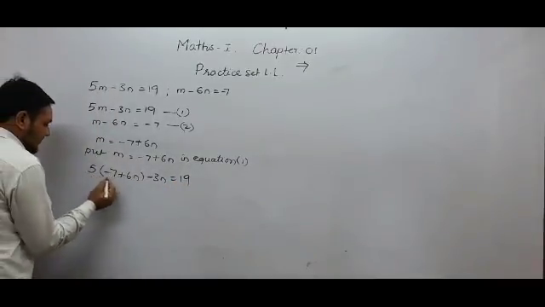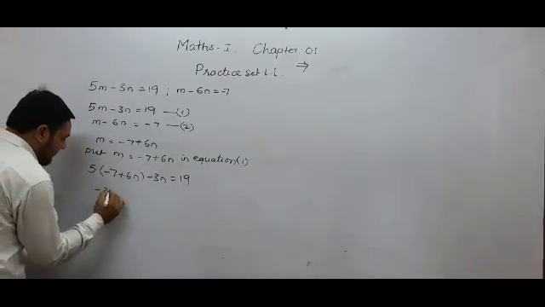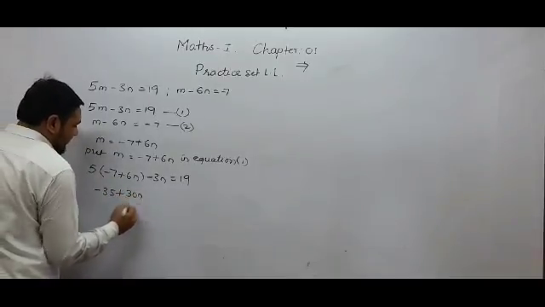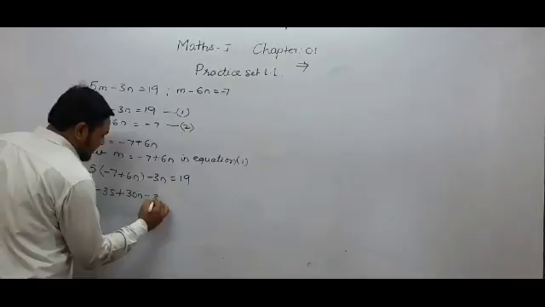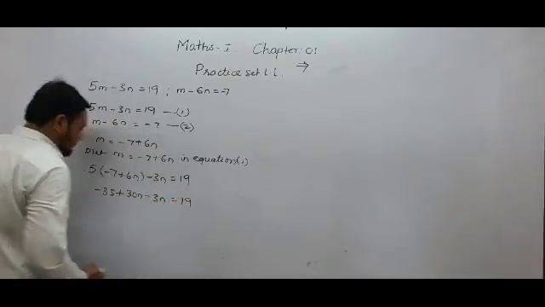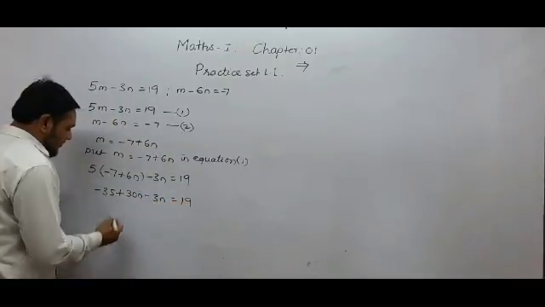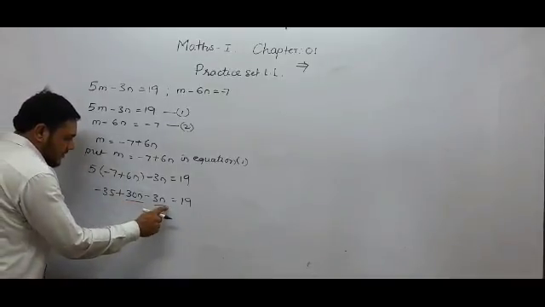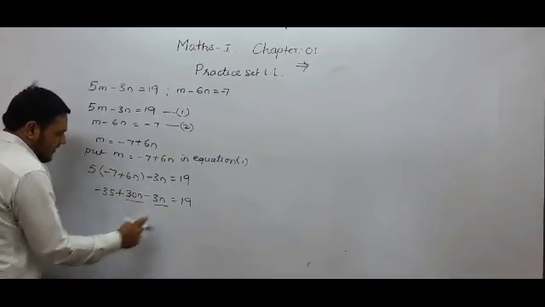So, student, 5 into minus 7, it will be minus 35, plus 5 sixes are 30 and n will be as it is, minus 3n will be as it is, equal to 19. So, student, take the like terms, see the like terms here, positive 30n and negative 3n.